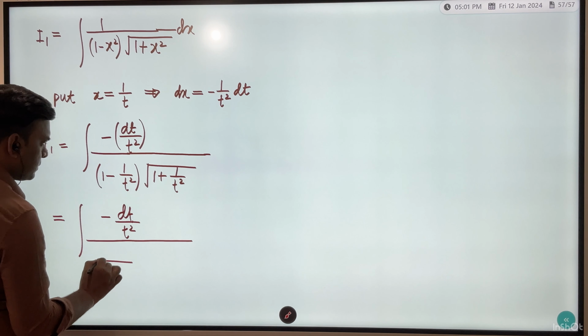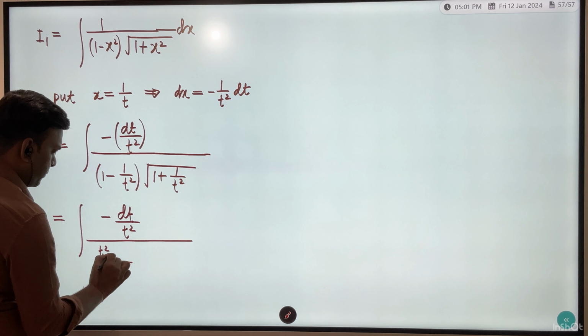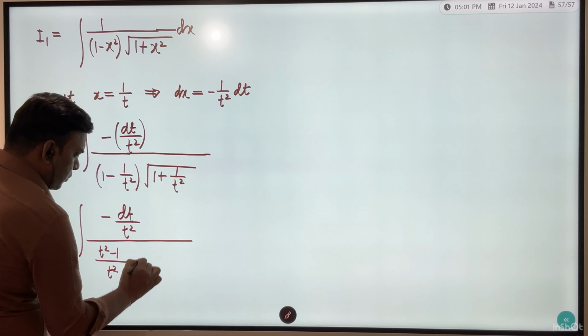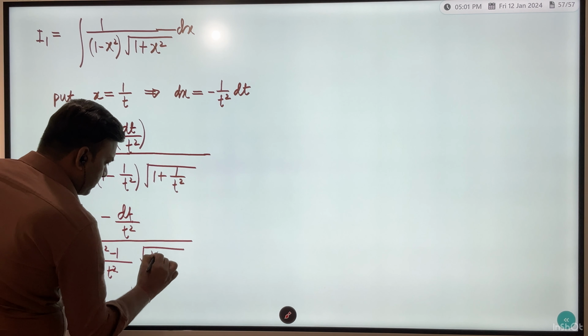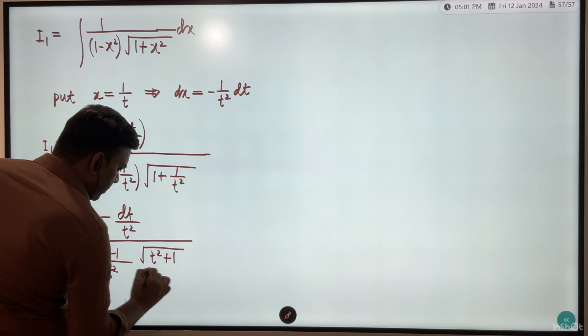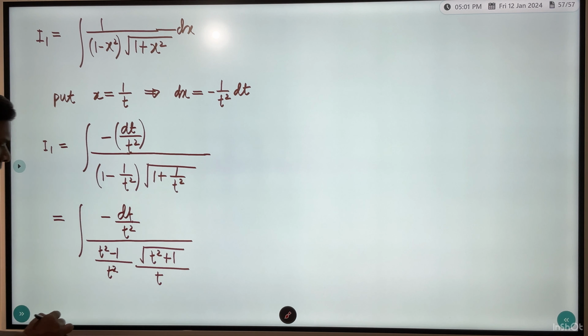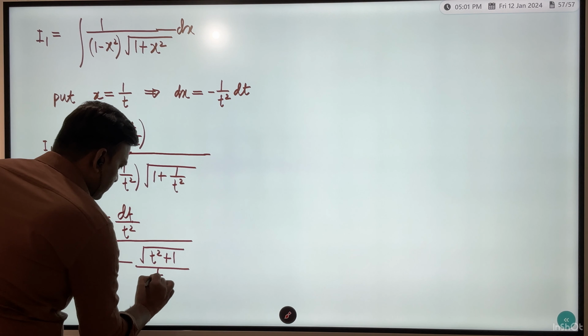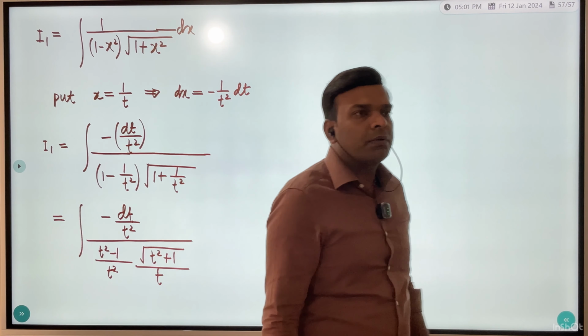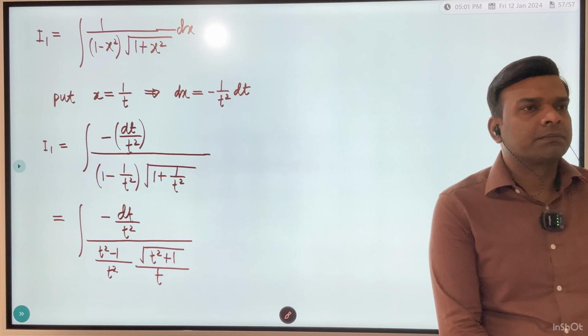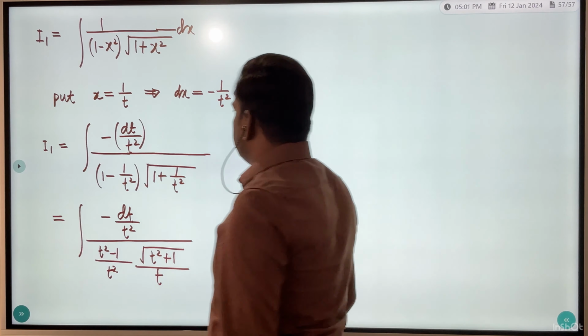So it is t square minus 1, a square root of t square plus 1 upon t square, root is t, and now we can see that the t square in numerator and denominator is getting cancelled out.